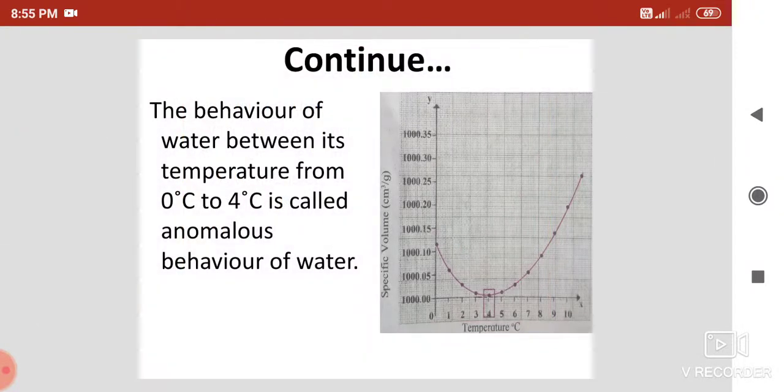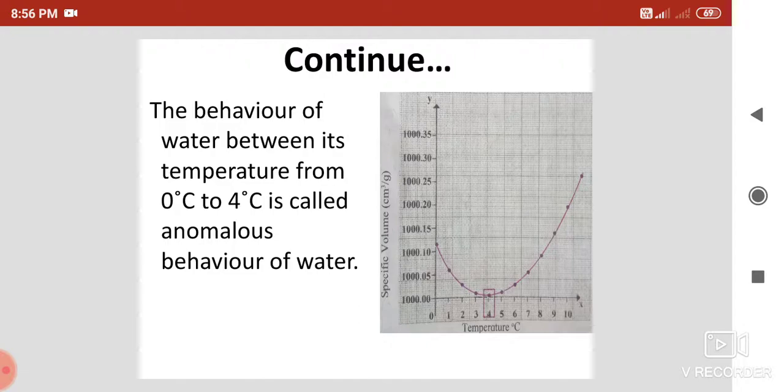If we look at the graph, as the temperature of water is raised from 0 degrees Celsius to 10 degrees Celsius, its volume goes on decreasing in the range 0 degrees Celsius to 4 degrees Celsius. Then its volume is minimum at 4 degrees Celsius.